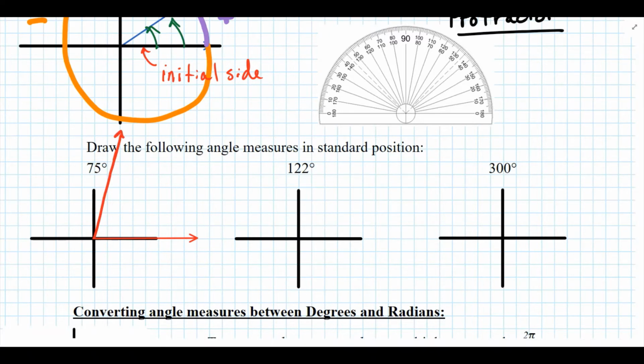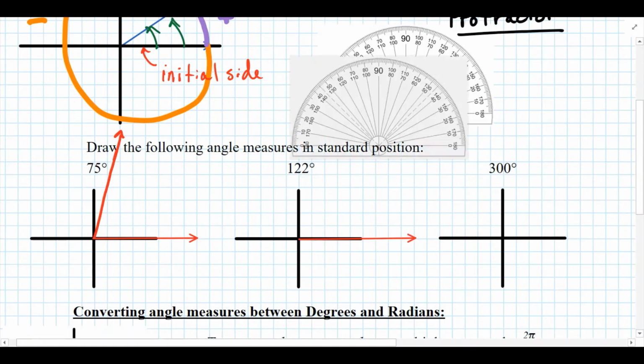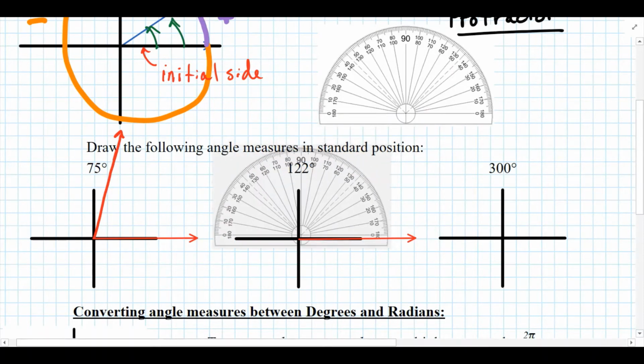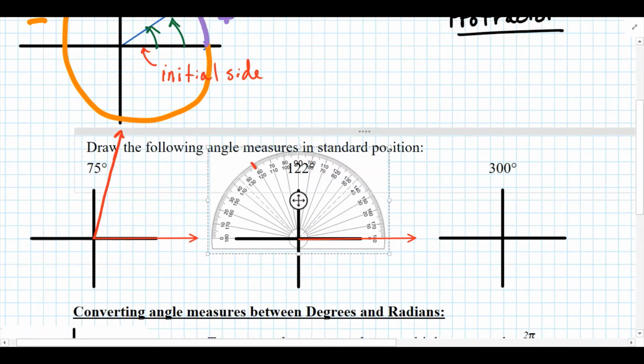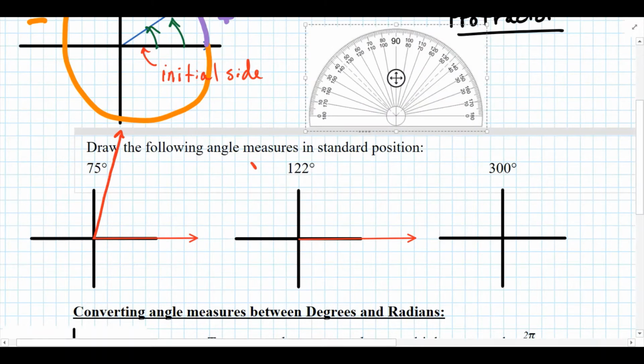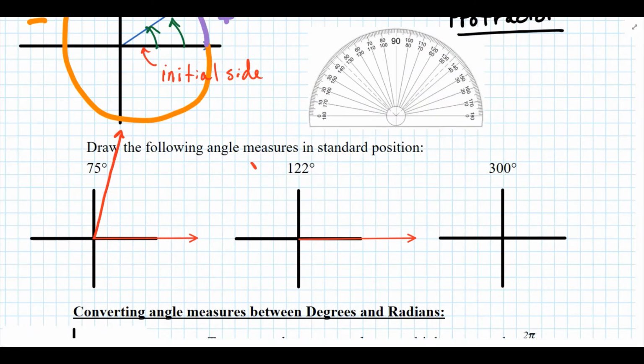The same can be done for our second example. After first drawing the initial side and marking the angle, the terminal side can now be drawn.